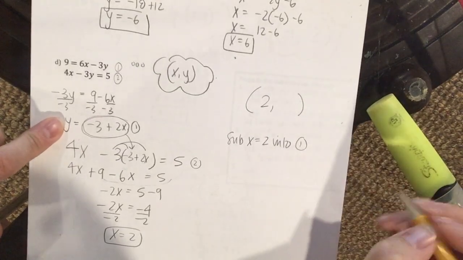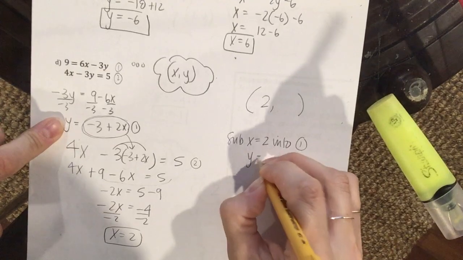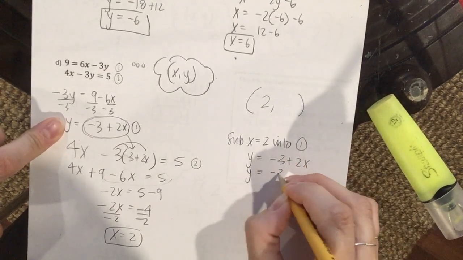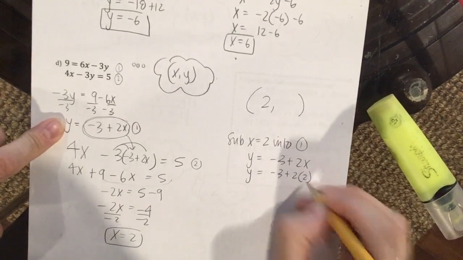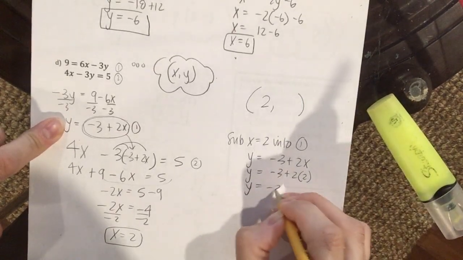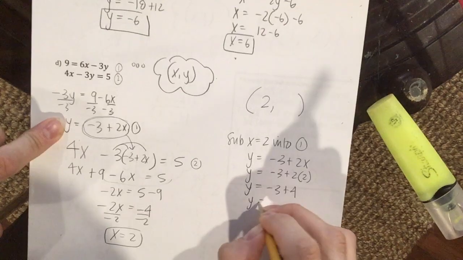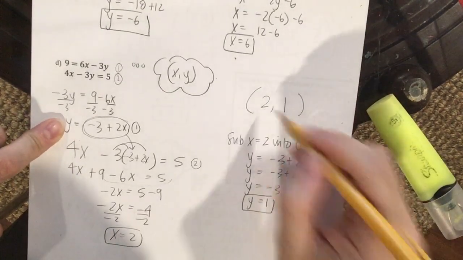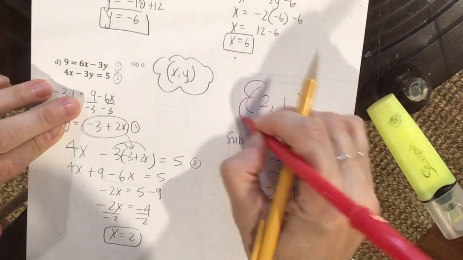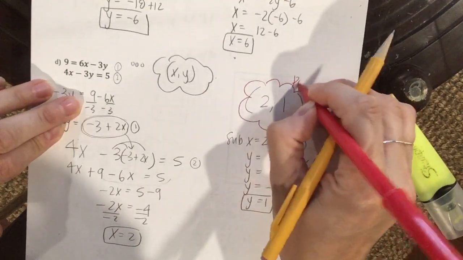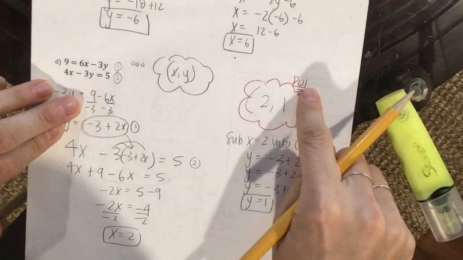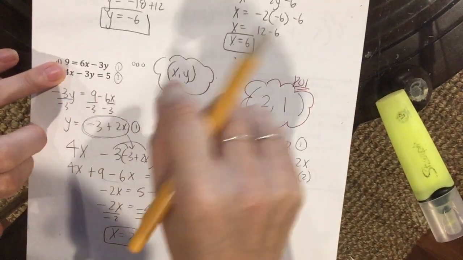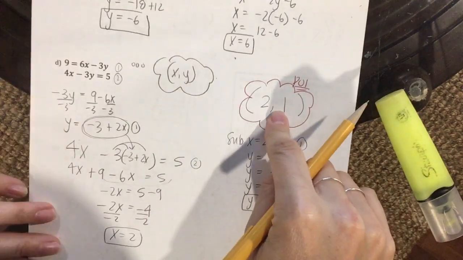So I'm going to sub it into our rearranged number 1, which is y is equal to -3 plus 2x. y is equal to -3 plus 2 times, now I know what x is, it's 2. -3 plus 4, y is equal to 1. 1 is the y, 2 was the x, and 2 and 1 together is the coordinate that creates the point of intersection that would come if we were to graph these two lines. We'd be able to read that point of intersection right off.